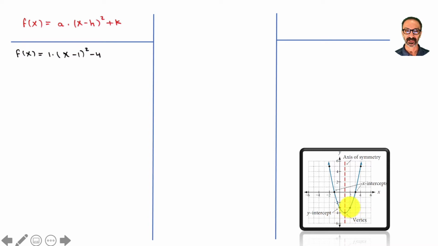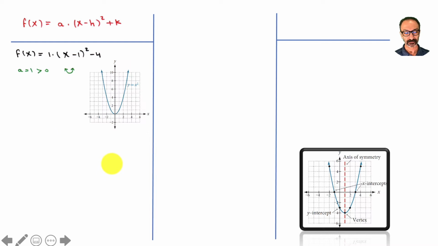That shows if this is (1, 1), it's like you're moving the graph from the original place where the vertex is at the origin down here, translating to the right and down. So the scale factor, or the stretch factor, is still 1. So I'm going to use 1. That's what I meant: you compare it to y equals x to the second. See the (1, 1) here? Alright. So a is 1.